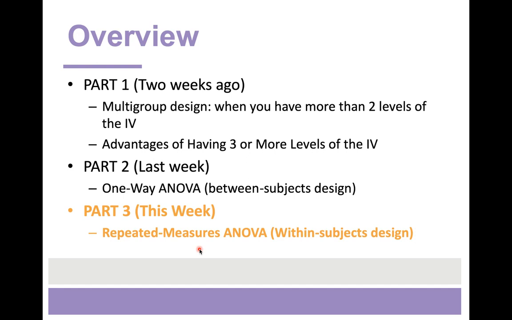So we have a single group of participants, and then we subject that group of participants to at least three levels of the independent variable, and it's all the same group of people that we're following across each level of comparison. So this repeated measures ANOVA is analogous to our dependent samples t-test, except instead of just two levels of the independent variable, we're now going to have three levels.